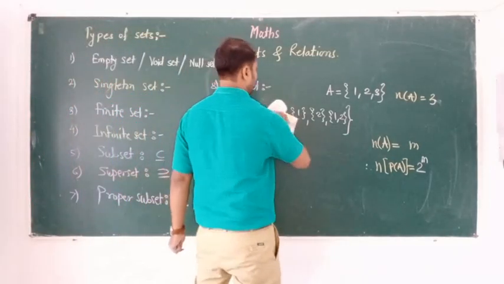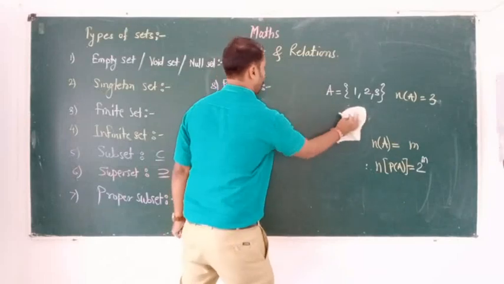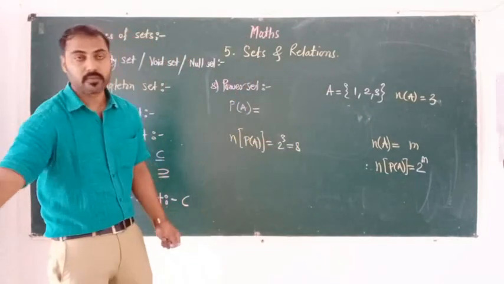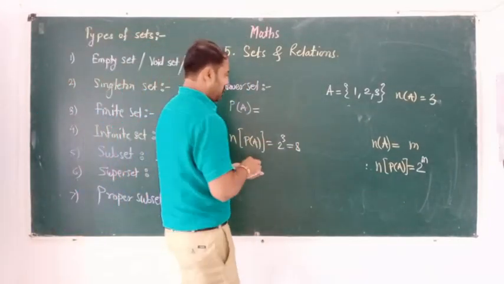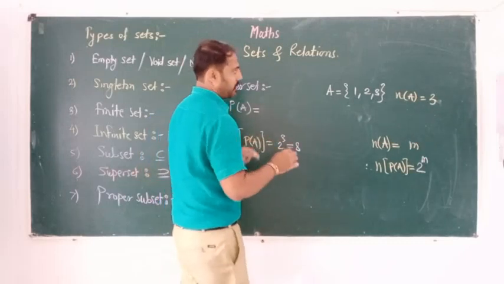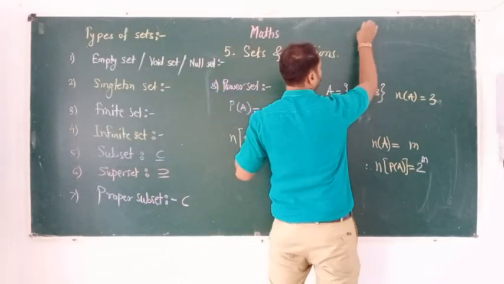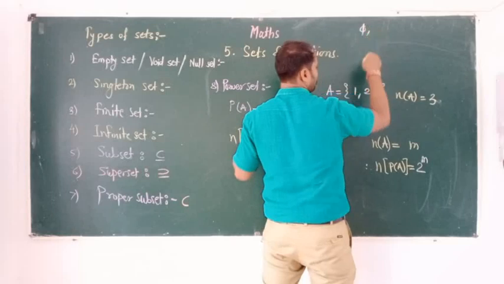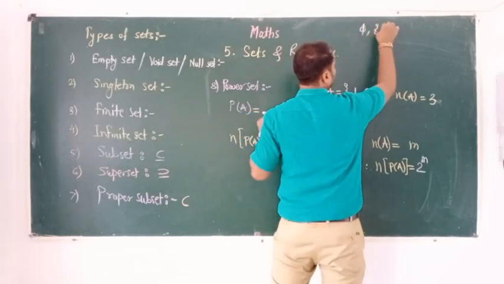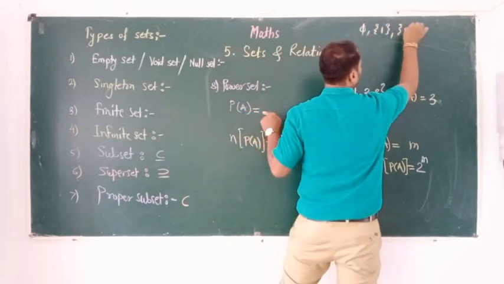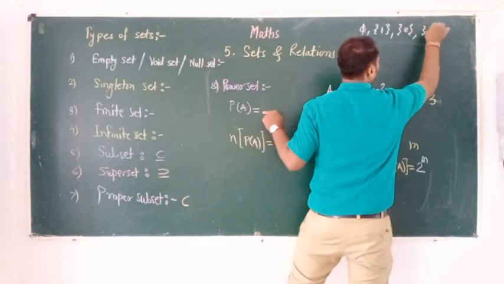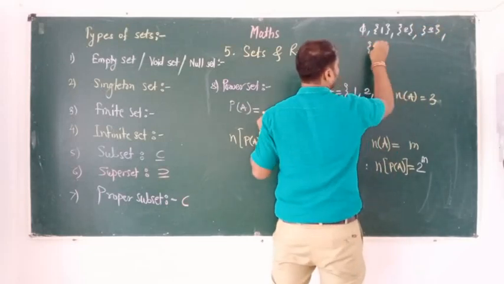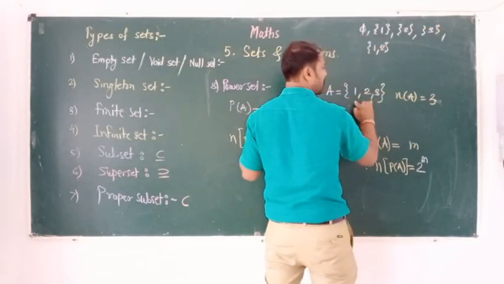Now I write the power set of A. Which elements are there? Look at it. Clearly, phi is a subset of all sets. Second one is 1, 2, 3. 1 comma 2 is a subset of this set.